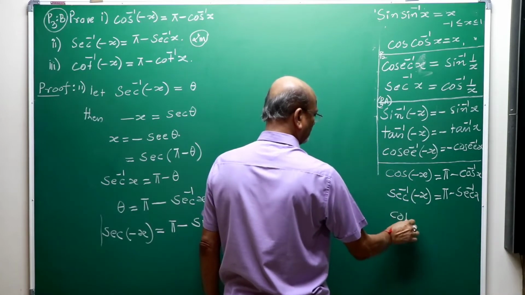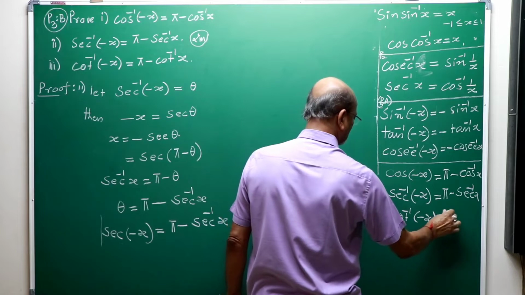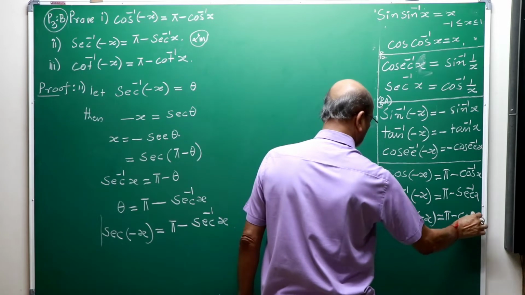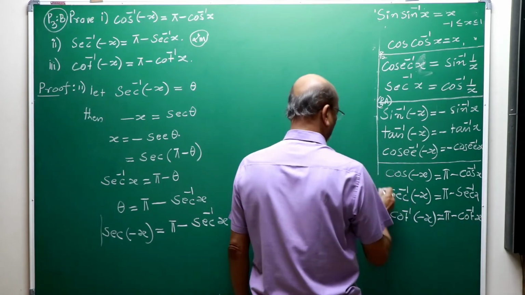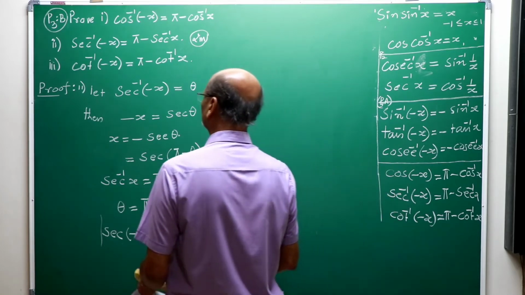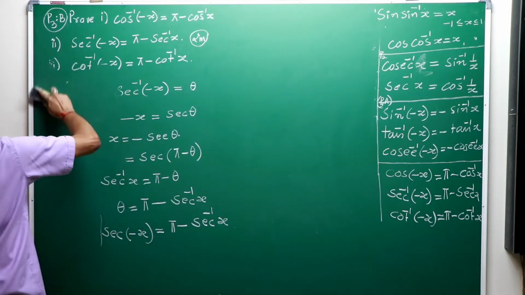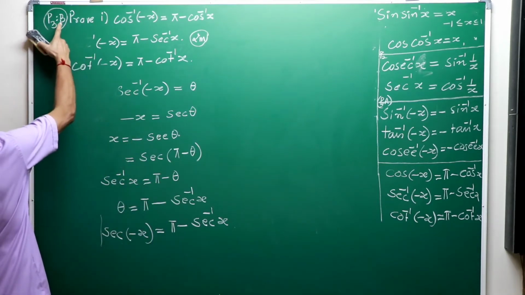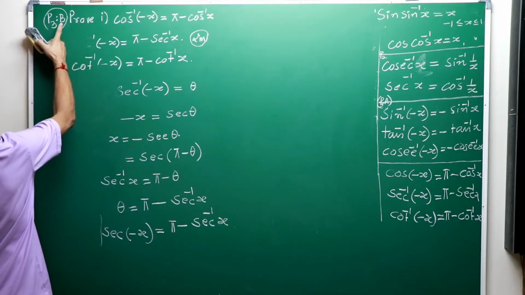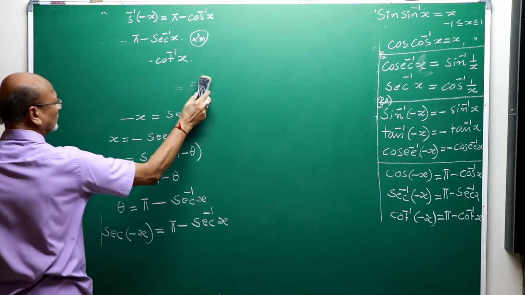Similarly, cot inverse of minus x is pi minus cot inverse x. This is the third property. Yesterday I did 3, today is 3. That's why I made yesterday's A, and this is third property B. That's all.